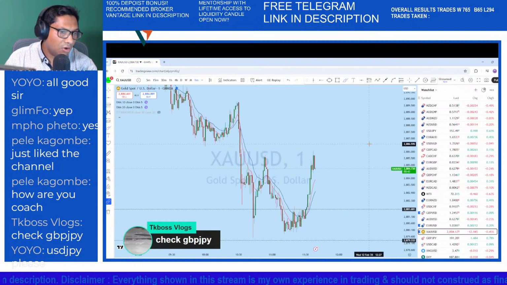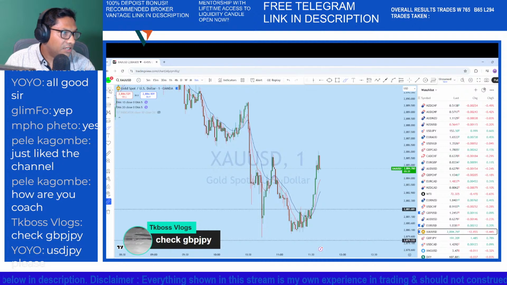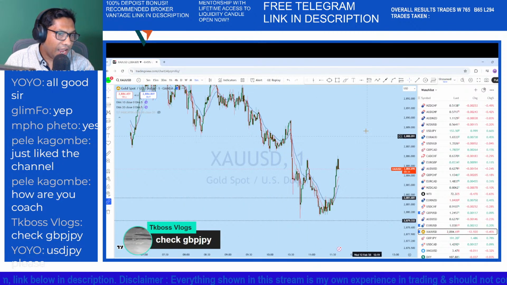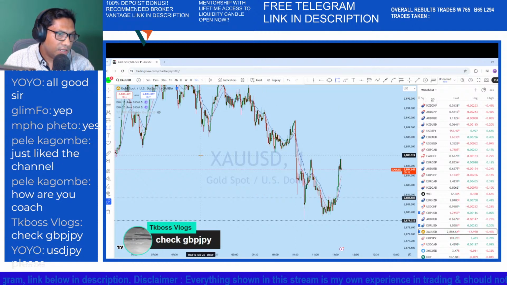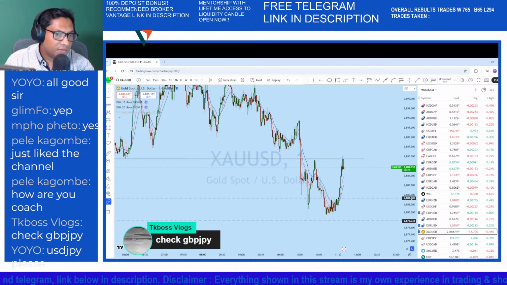This is also the 1-minute chart that I'm looking at to see if we can find further entry opportunities, and this is an important level of resistance.